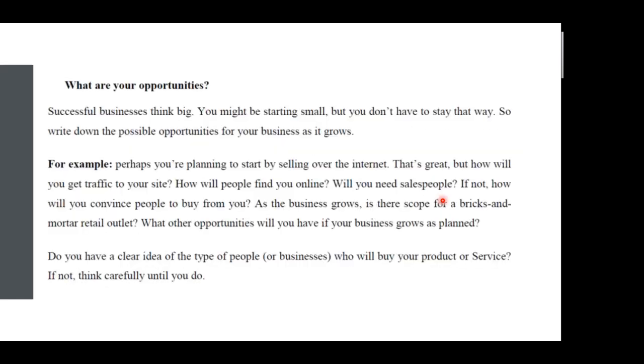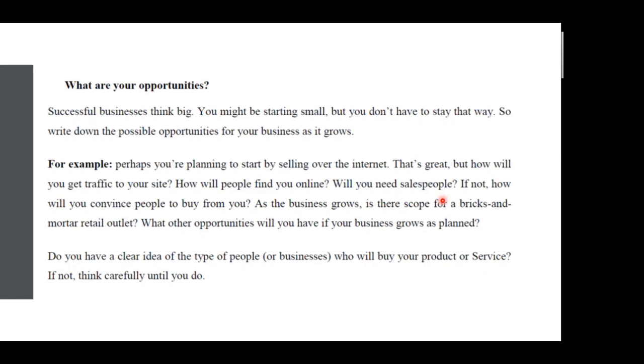The next, you have to explain what are the opportunities that you are likely to get in future. What are the future opportunities that you are likely to get in your business?